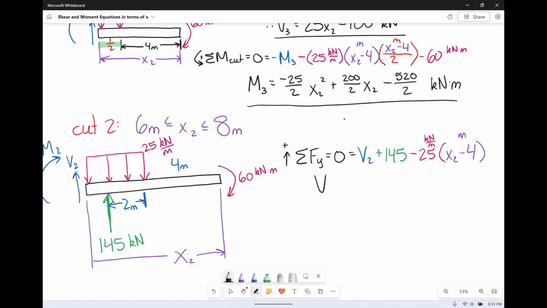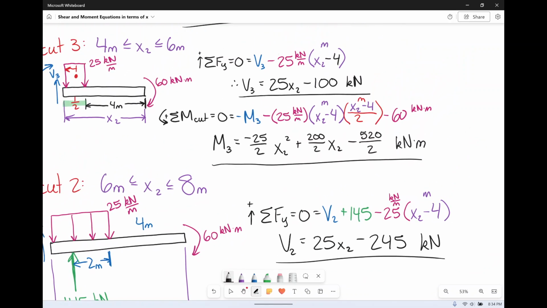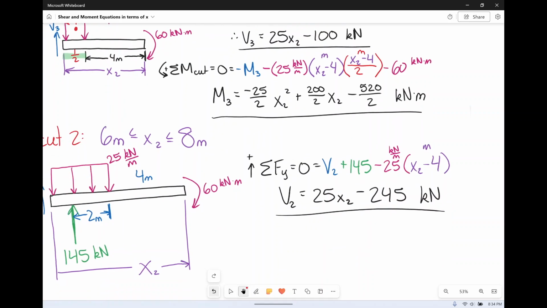So our shear 2 is going to equal 25 x2, it's an ugly 2, minus 245 kilonewtons. So again, what happened? As you can see, it's a 145 difference. That's it. That's literally all that happened.